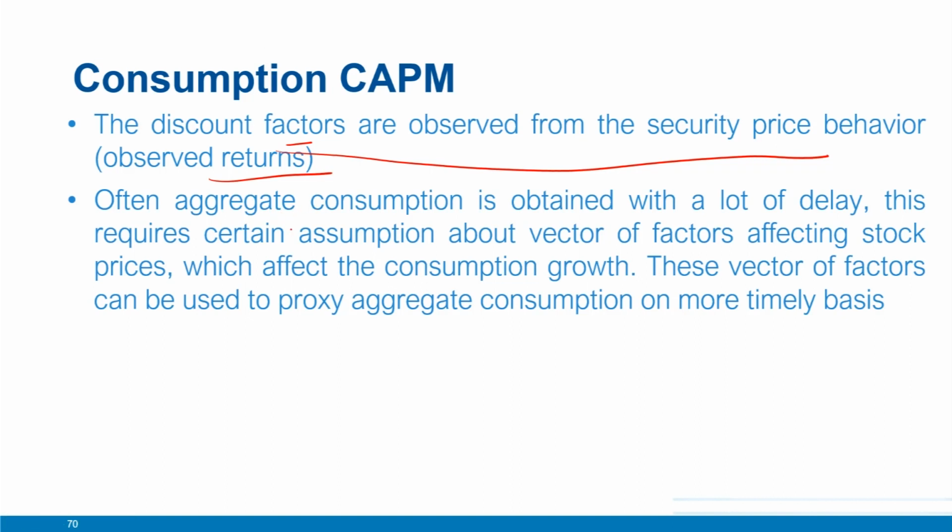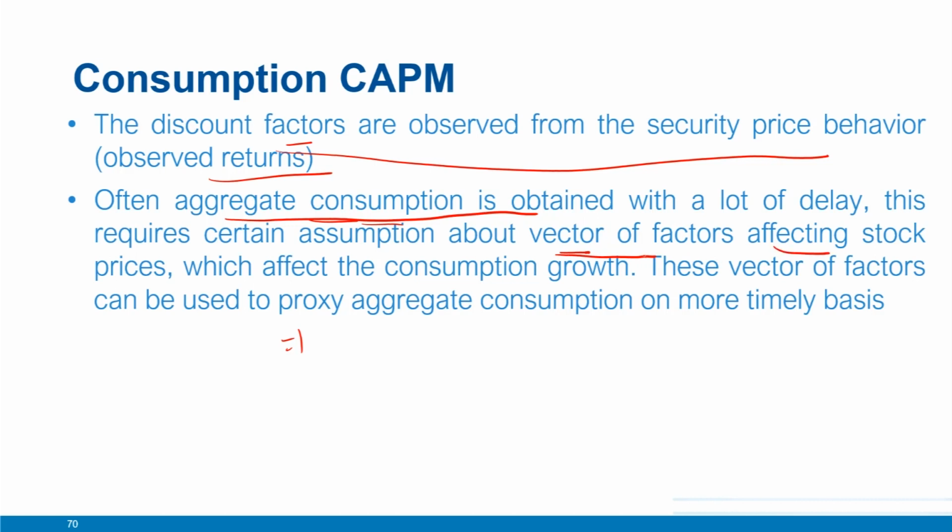In practice, you get the aggregate consumption figure with a lot of delay. So these are delayed indicators, and therefore what one can do is find the vector of factors that affect stock prices and capture the aggregate consumption. For example, industrial stocks and stocks from FMCG companies give us slightly leading and more advanced indicators of aggregate consumption. One can find those vector of factors, through factor analysis or principal component analysis, that affect these stock prices.